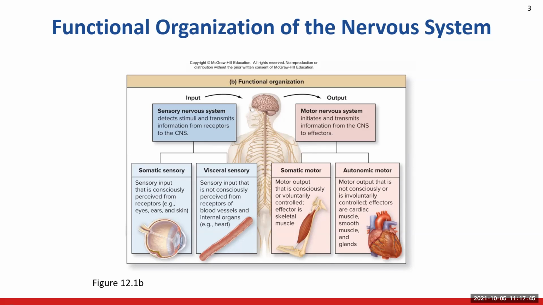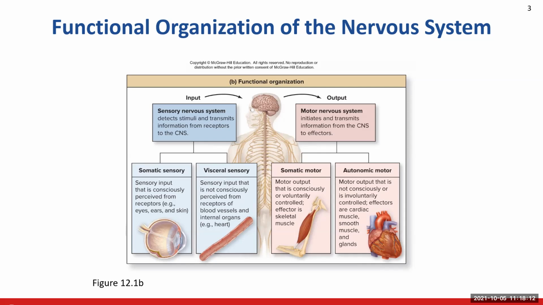And so the somatic motor is the motor output that we can consciously or voluntarily control. And when we're dealing with the motor aspect, the only tissue that we can consciously and voluntarily control is skeletal muscle tissue. So that's an easy one. So somatic motor nervous system only is going to affect skeletal muscle. So that's easy.